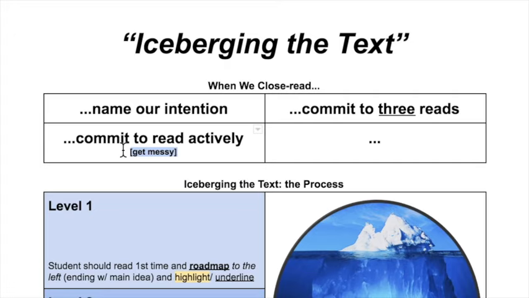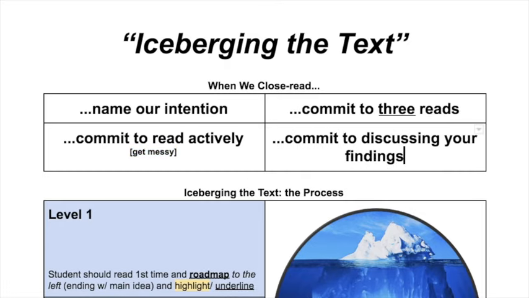Get active with your reading. And the last thing is commit to discussing your findings. This is such an easy step to skip. I know as a teacher it's easy to say, hey, take this for homework and iceberg the text, but you should be having discussions at every step with people around you. That's a different way of expanding your thinking. It's also a way for you to understand where they're coming from.